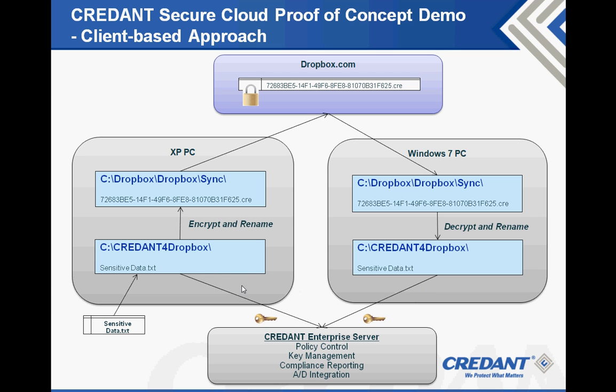So both of these machines and or users have access to this key, and both of the machines are using the same Dropbox account for syncing purposes. Okay, well, let's look at the demo now.